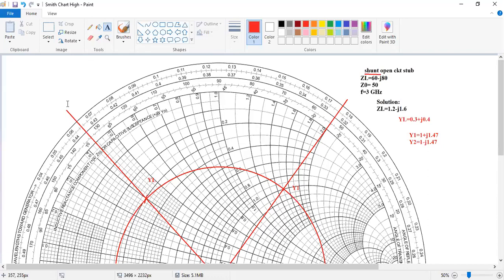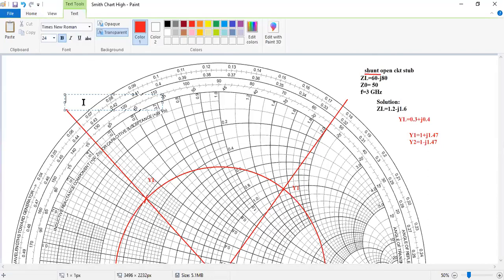So here whatever the value of YL that I got is between 0.06 and 0.07. It is exactly in between, so that is 0.065 lambda.